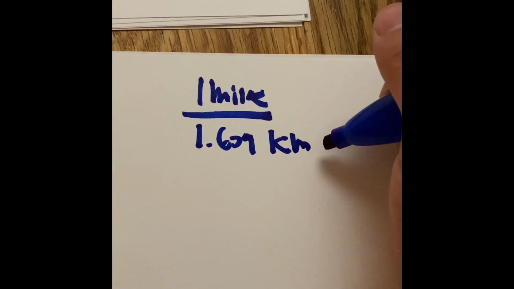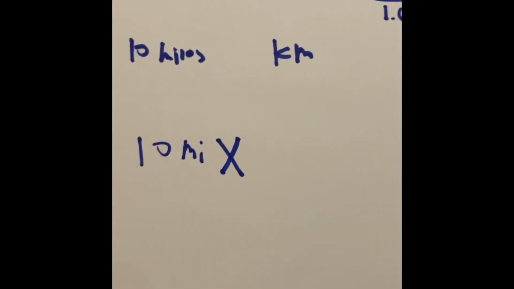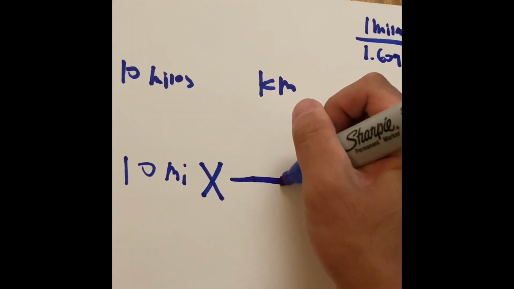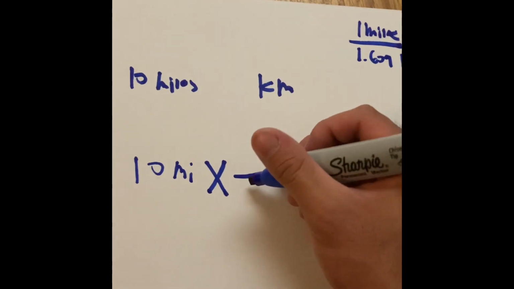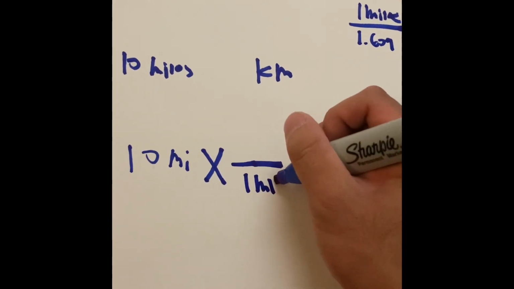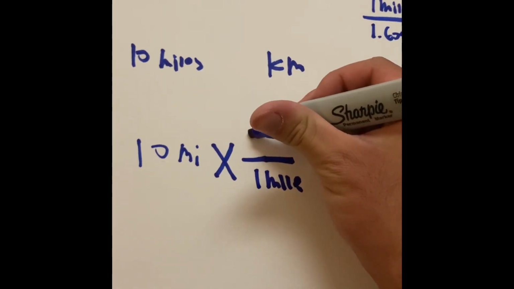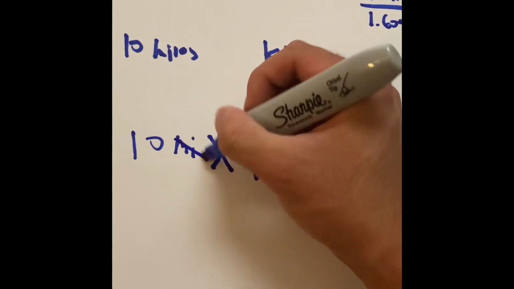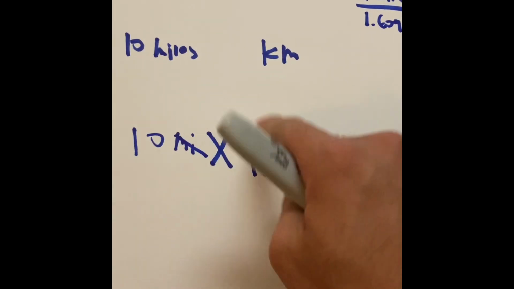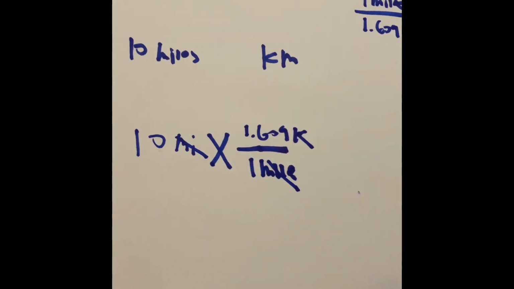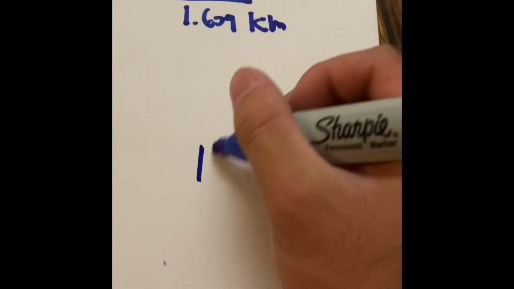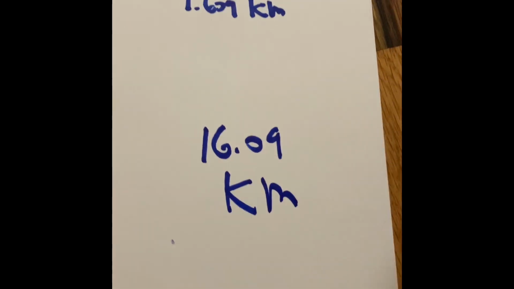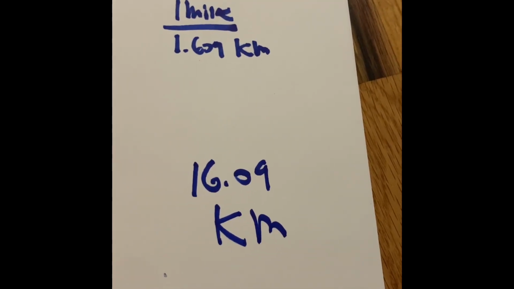Therefore, since we're trying to find kilometers, we put the mile on the bottom part of the fraction, the denominator, 1 mile, and we put kilometers on the top. Cancel the miles out. 10 times 1.609 is going to equal 16.09 kilometers. So that is going from the imperial to the metric system.